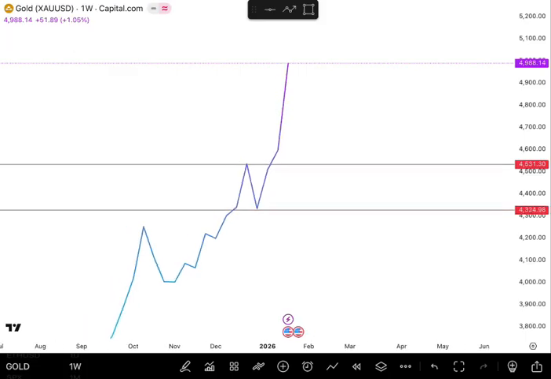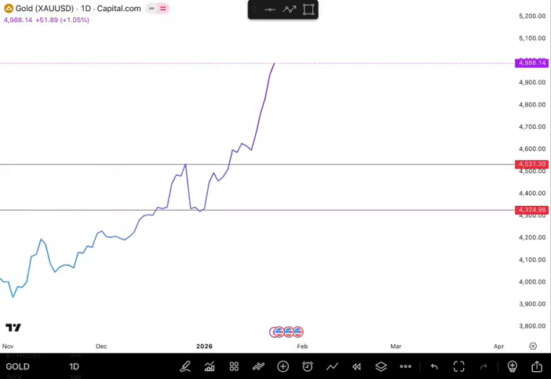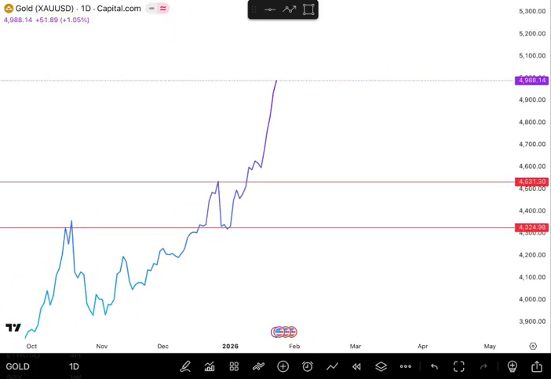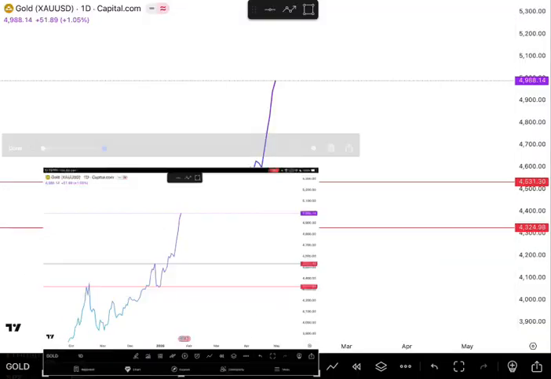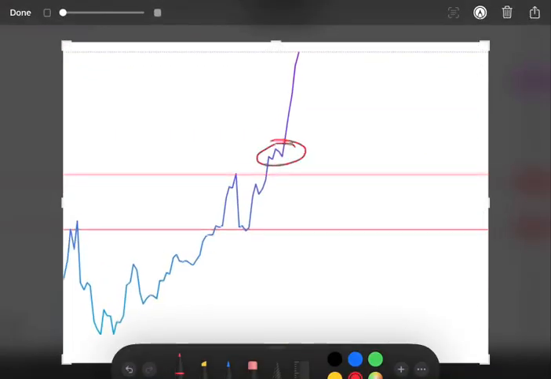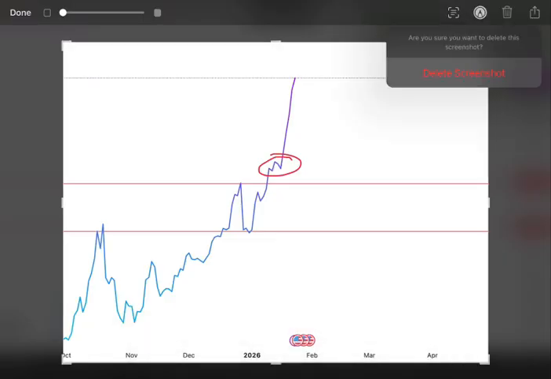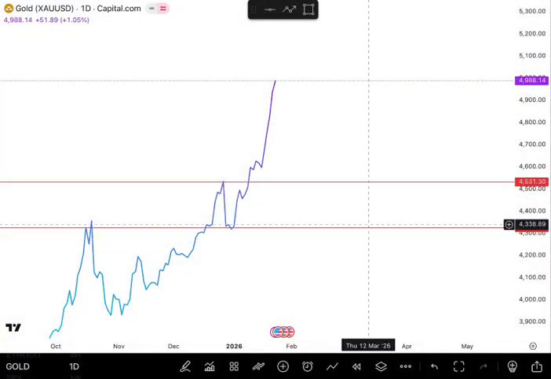So this is to sell, and then we move to the lower time frame, which is the daily. If you guys can see here, this is our nearest. So we just take the daily and remove the weekly.